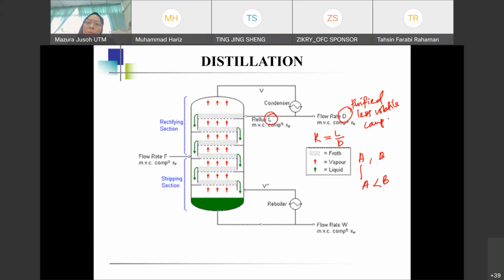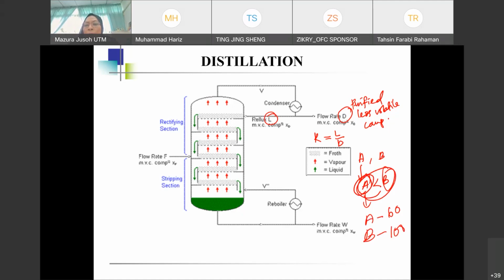Okay, so if you have a mixture of A and B, A is less volatile than B, which means A will boil at a lesser temperature than B. So you will set the temperature just to boil A. Don't set the temperature so that it will boil both A and B. So let's say the boiling point of A is 60 and the boiling point of B is 100.